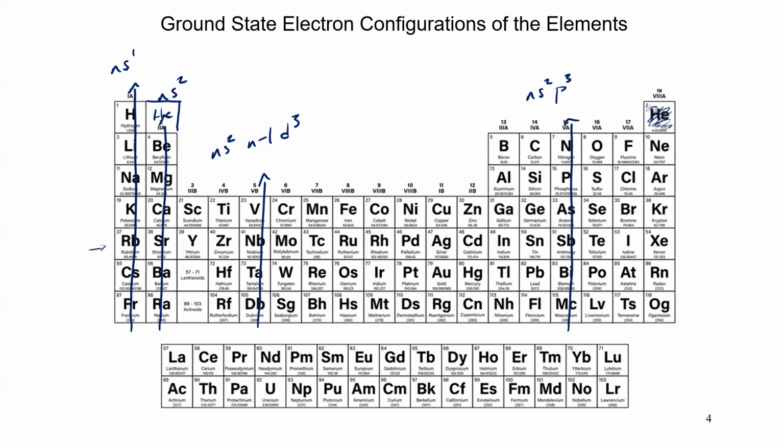So for niobium, for example, it would be 1s2, 2s2, 2p6, 3s2, 3p6, 3d10, 4s2, 4p6, 4d3, 5s2.